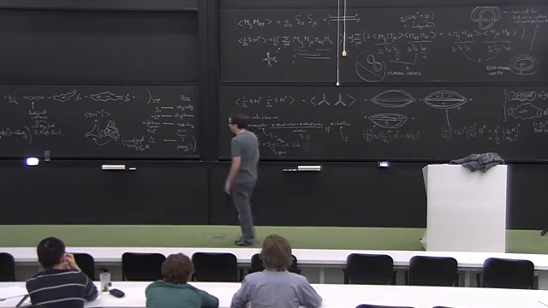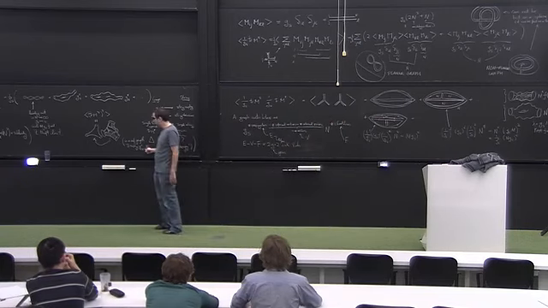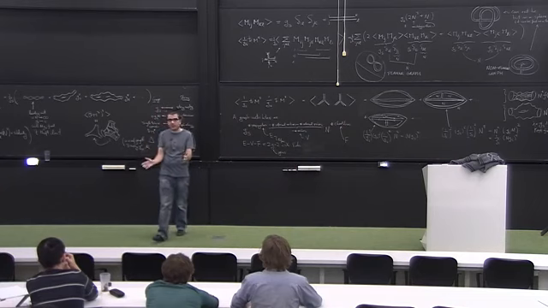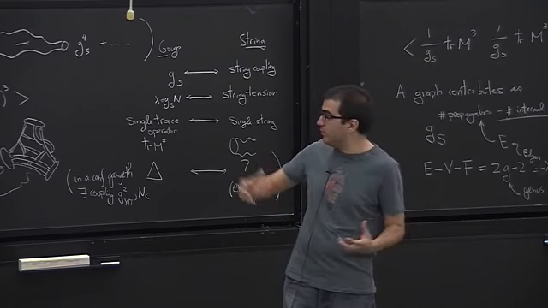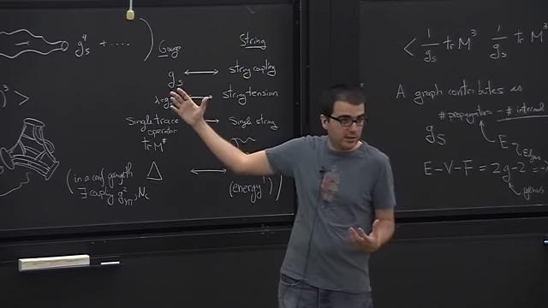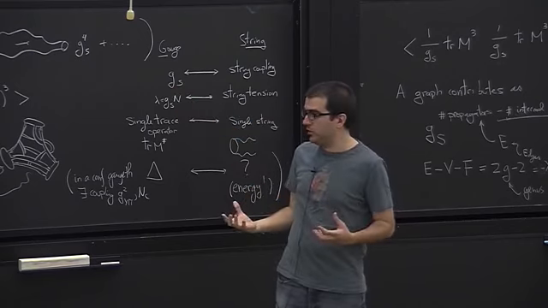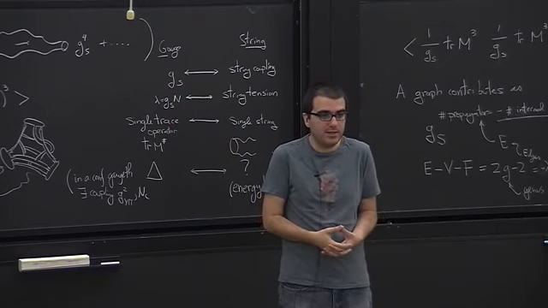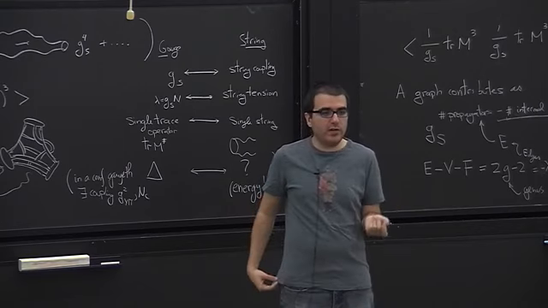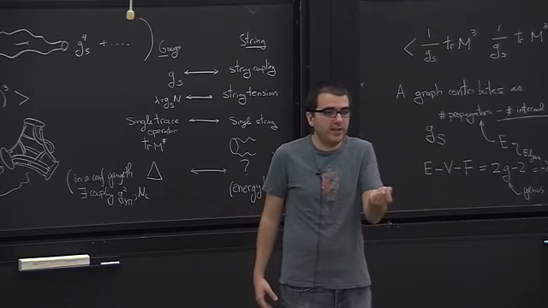Now, what I can tell you is that in this limit, when the number of colors goes to infinity, there is a huge simplification. The theory becomes much simpler. The class of diagrams you have to compute are just planar diagrams, and you get this dual description in terms of a string. So it's a huge technical improvement. You can compute much better. And the corrections are 1 over N squared, which are small even if N is equal to 3.